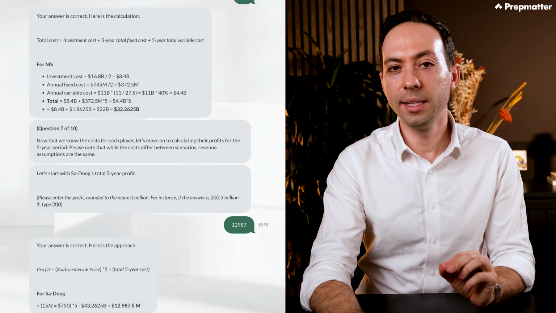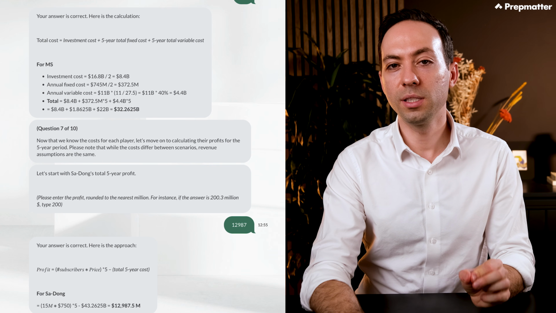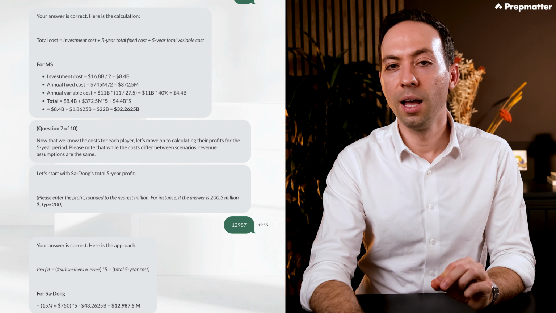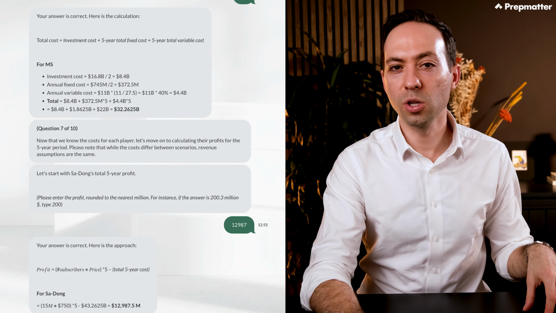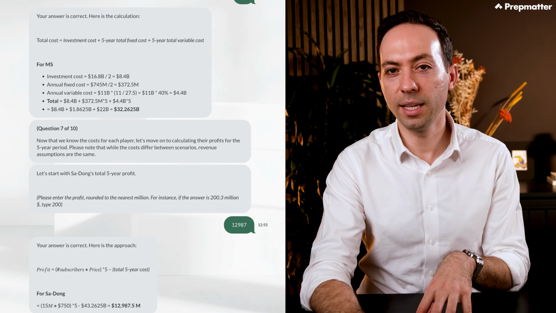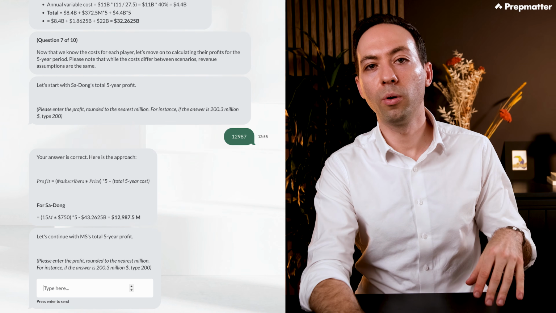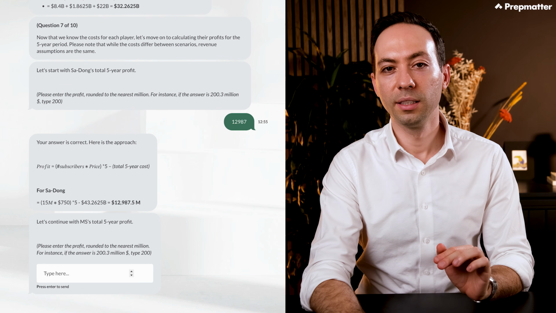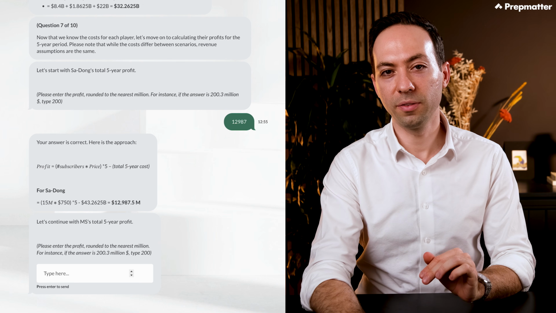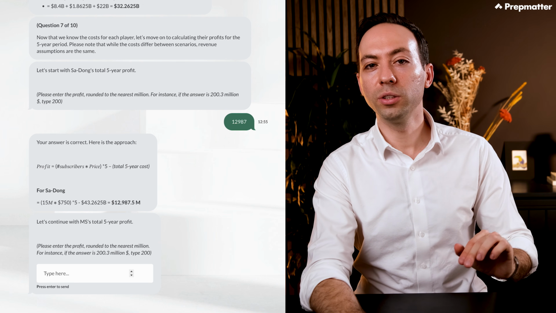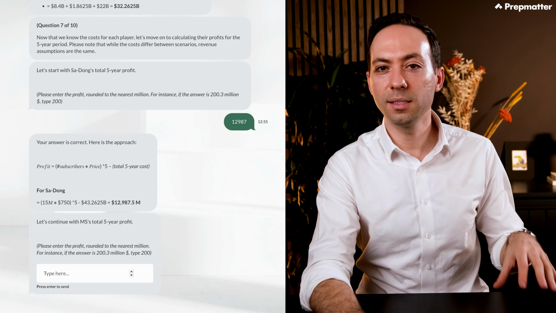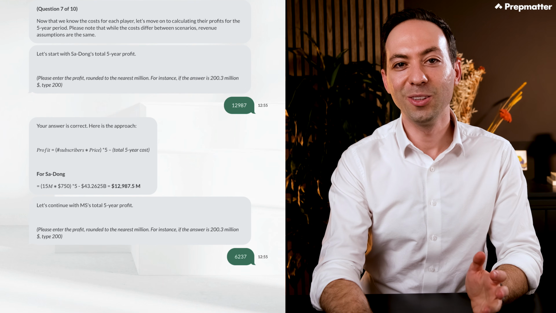Okay, it's $32.2625 billion. Again, I'll use the precise number. So the total 5-year profit is 38.5 billion minus 32.2625 billion. It's 6.2375. Since we need to convert it to a million figure, I'll type in 6237. Fantastic, no mistakes so far.